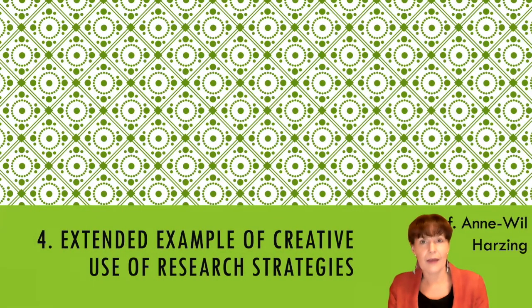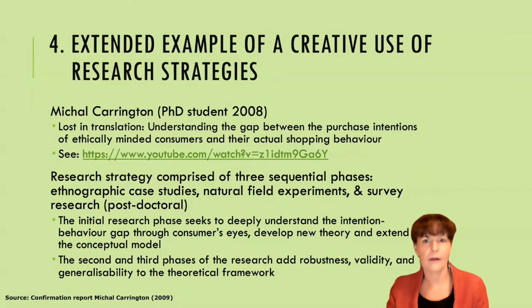Okay, now that we have discussed all of the 8 strategies in turn, each with some examples, I would like to give you one more quite extensive example of what I consider to be a very creative use of research strategies. And this was actually a real PhD project by a PhD student at the University of Melbourne.